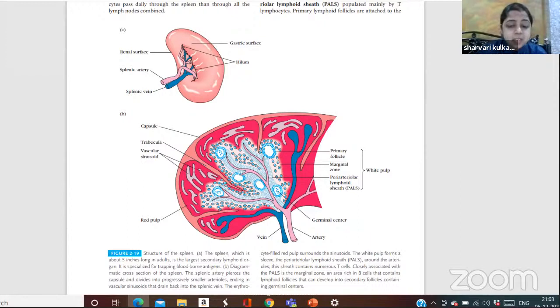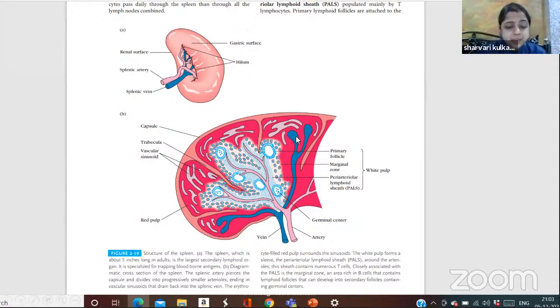PALS is the major region which is rich in B cells, and it contains lymphoid follicles. Then you have the marginal zone, which is also a specific region and is rich in B cells.